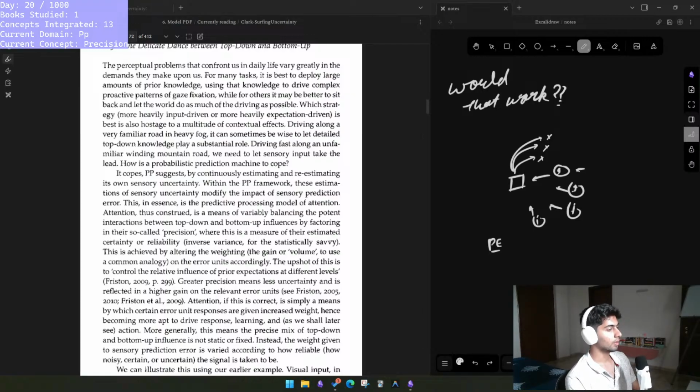Because we have more precision there, and that gives us the habit of assigning more value to it. That's all. But then that would hijack more, or simply not.